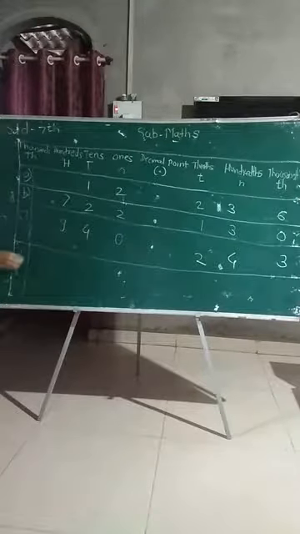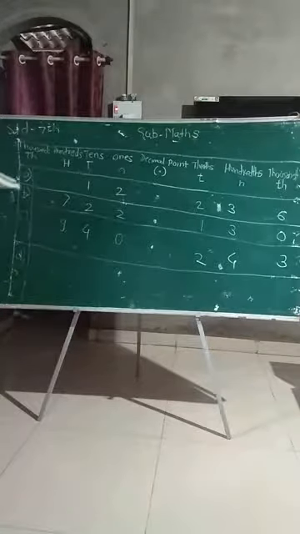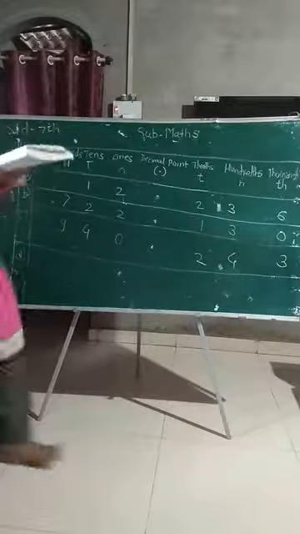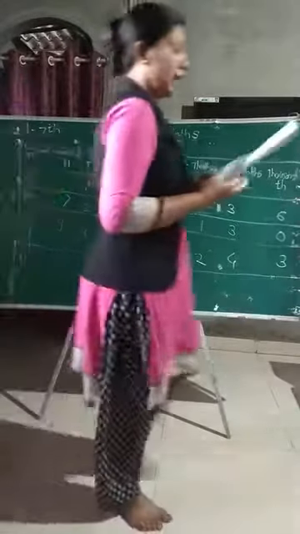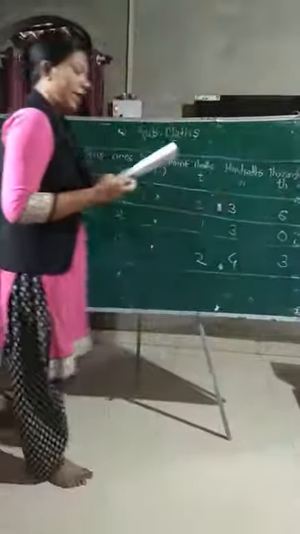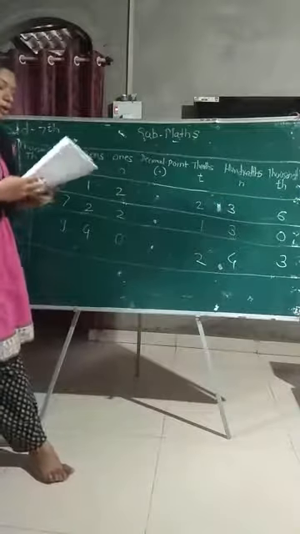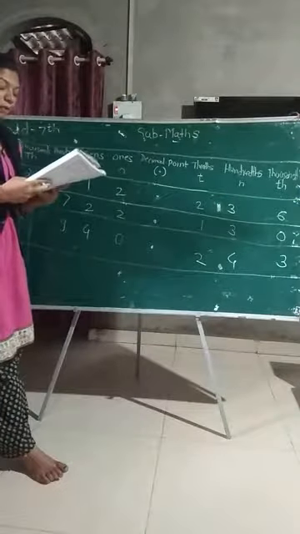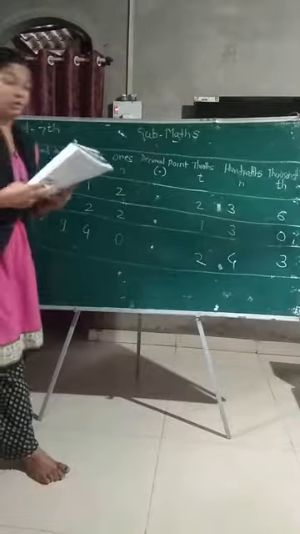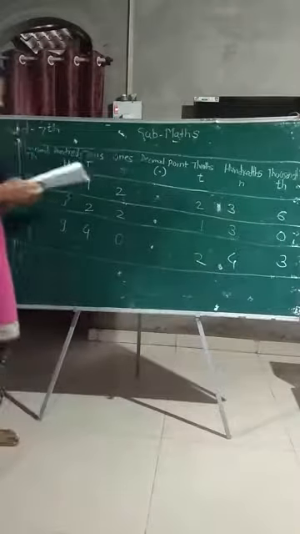Now example D. There are 4 digits before decimal point and 3 digits after decimal point. That means there are 3 decimal places.